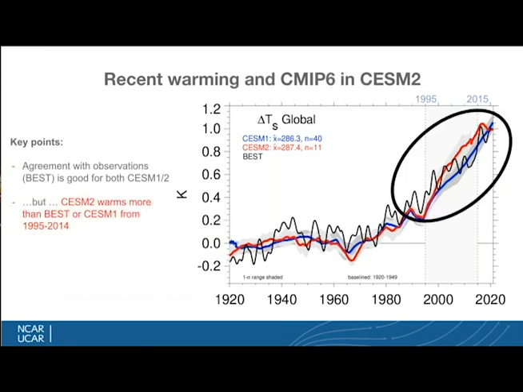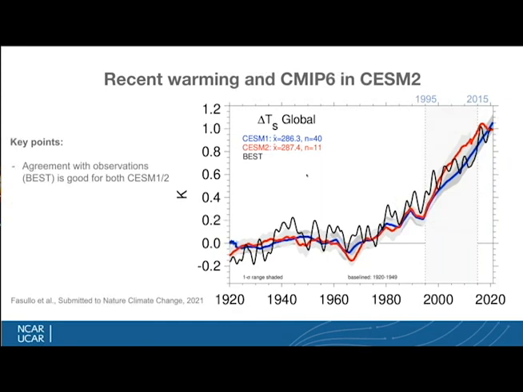And then in black you have the reproduction of the historical surface temperature. So overall, you could argue that CESM2 is behaving fairly similarly to CESM1 over the historical period.